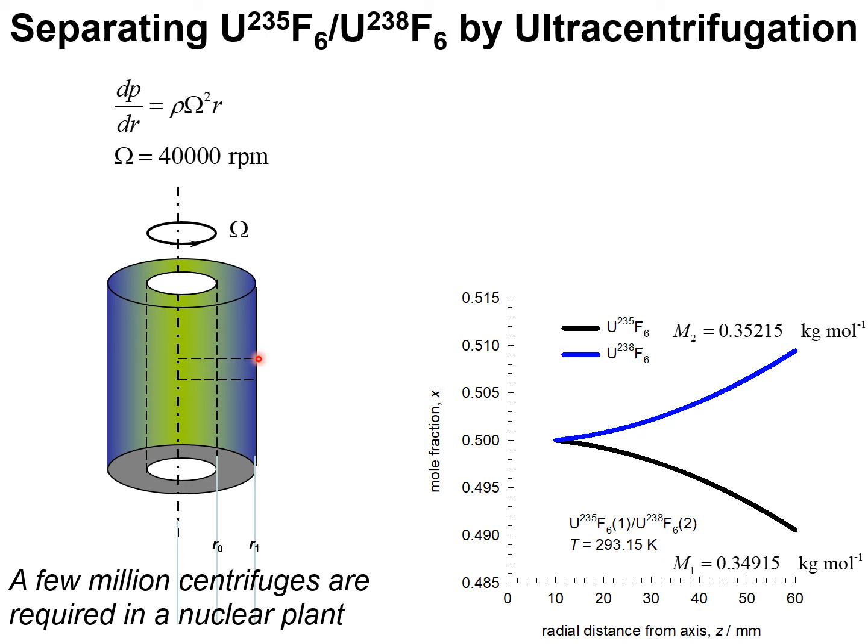To obtain the high capacities required in nuclear plants, a few million centrifuges are required, and for purity considerations, these centrifuges are arranged in cascades of centrifuges placed in parallel and in series.